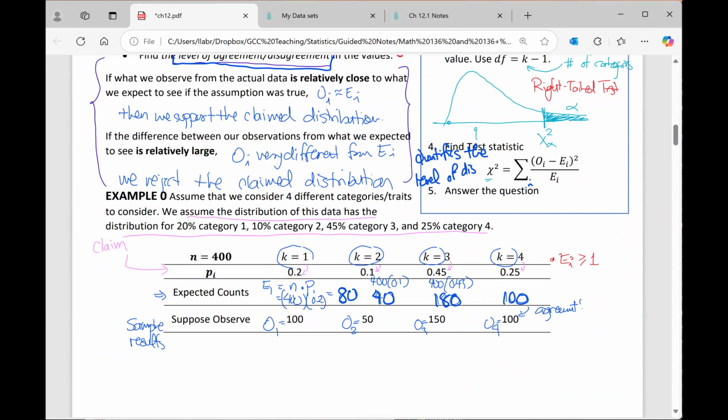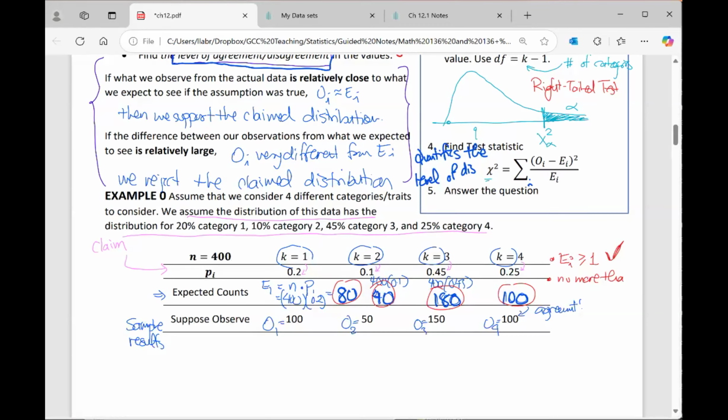You do this by eyeballing it. Here are the counts that we expect. We expect to observe 80, 40, 180. That definitely holds. Each of those values is greater than 1. And then finally, no more than 20% of the expected counts are less than 5.